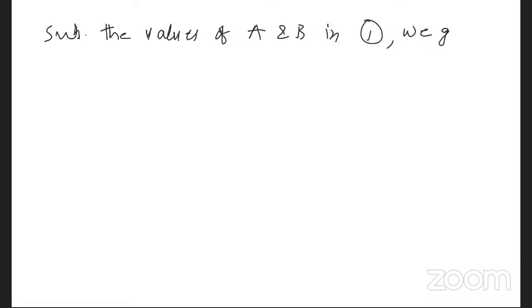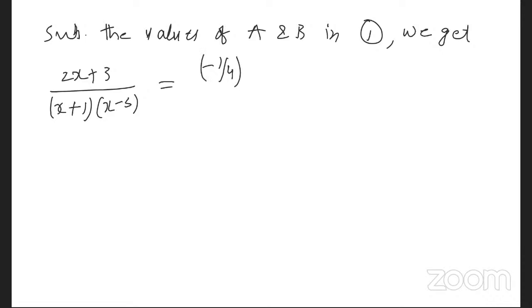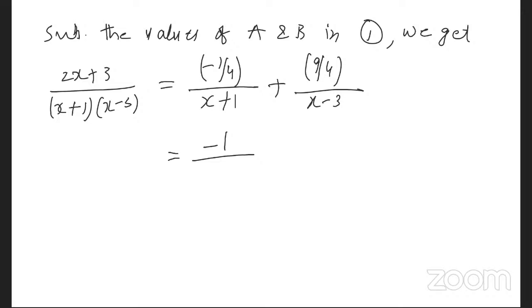What do we get? (2x + 3) / ((x + 1)(x - 3)) is written as (-1/4)/(x + 1) + (9/4)/(x - 3). This can be further written as -1/(4(x + 1)) + 9/(4(x - 3)).